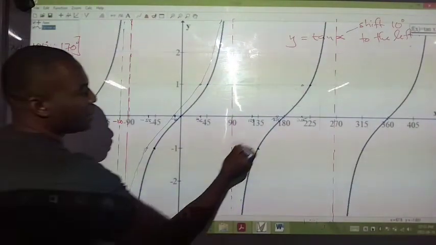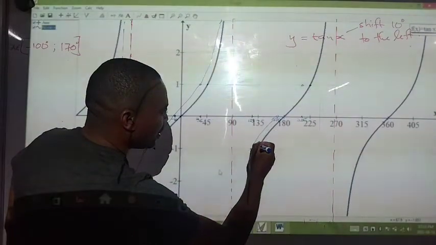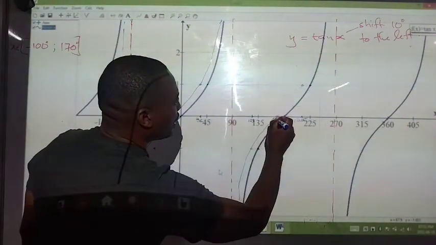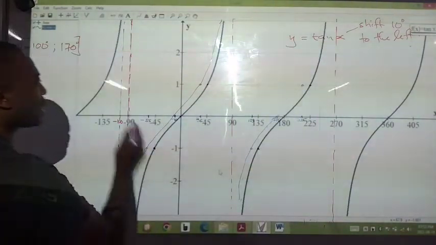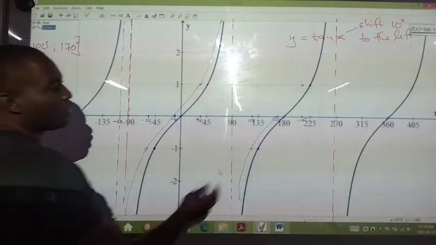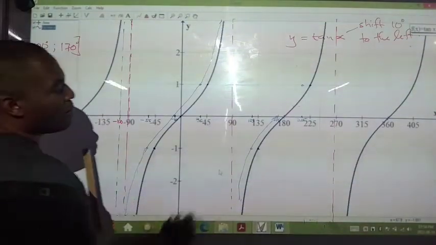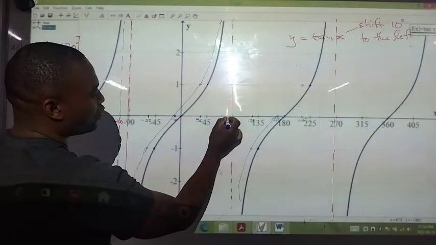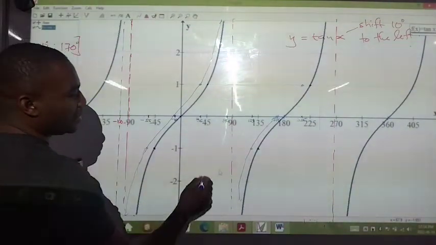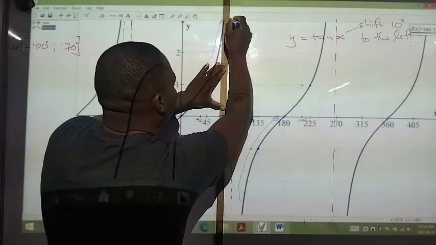So basically, we are saying our graph will be taking this shape. And then if we need to proceed, we can proceed, but according to this domain that we are given, we must end at 170 degrees. And let's not forget also the asymptote, which is going to move 10 degrees, that is, now it's at 80, so we need to draw the new asymptote there.